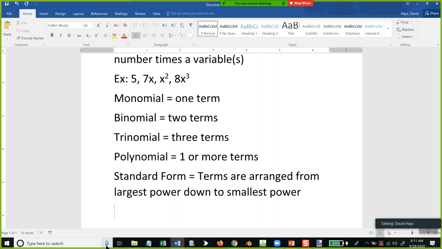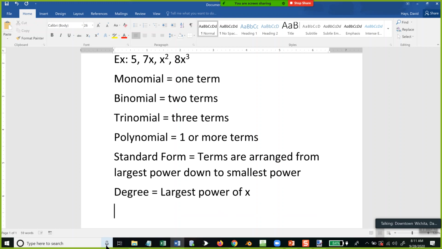Some books will indicate standard form can go from the smallest power up to the largest power, but they're in order. We have something called degree, which is our largest power of x. It's a little bit more than that if you have two variables, like x and y. But for this class, we pretty well just deal with one variable. So that's your largest power of x.